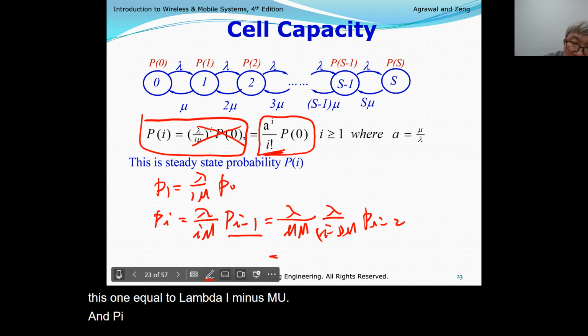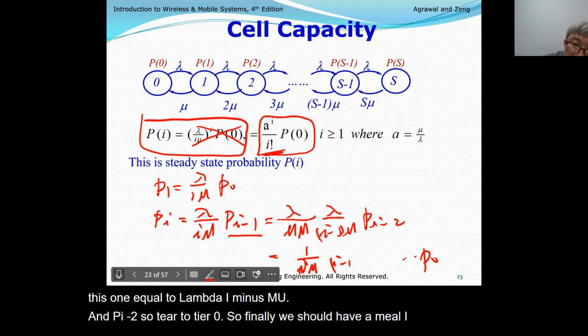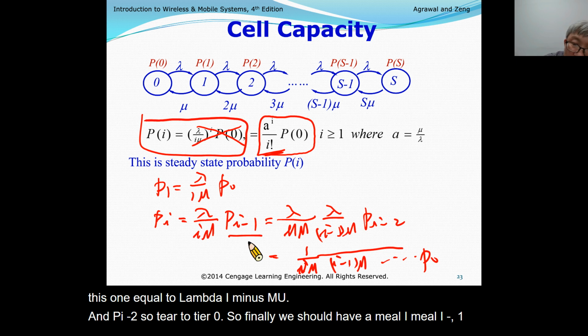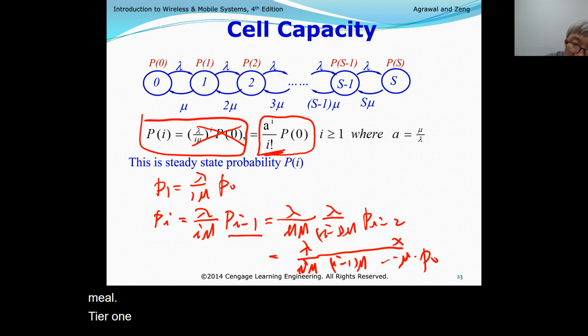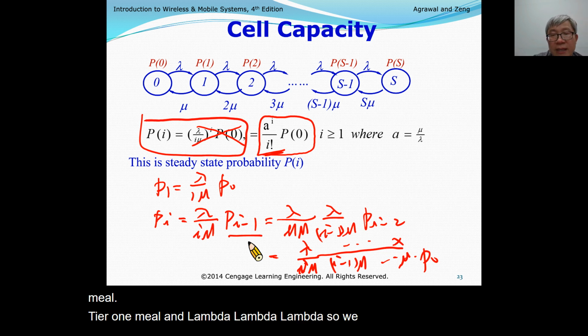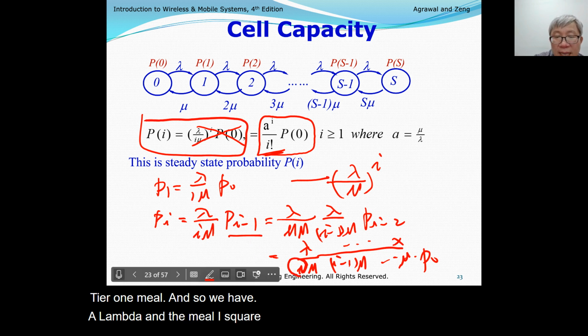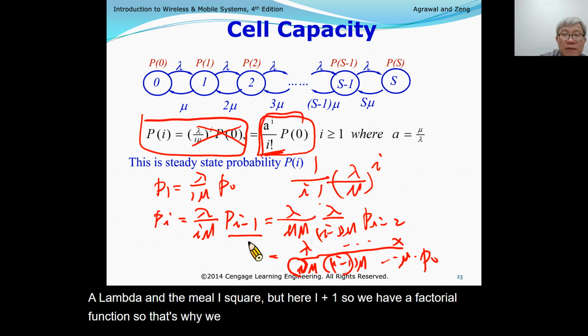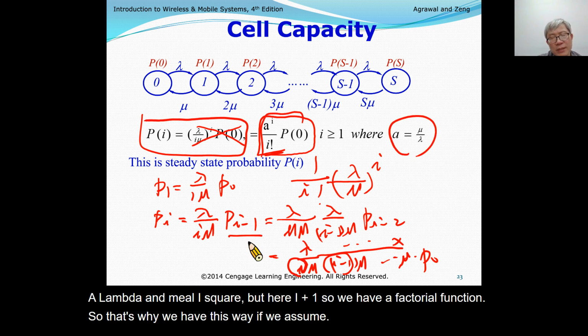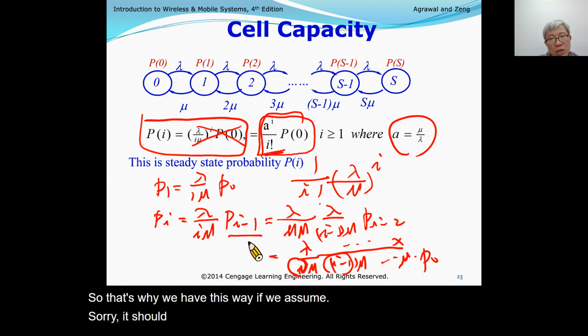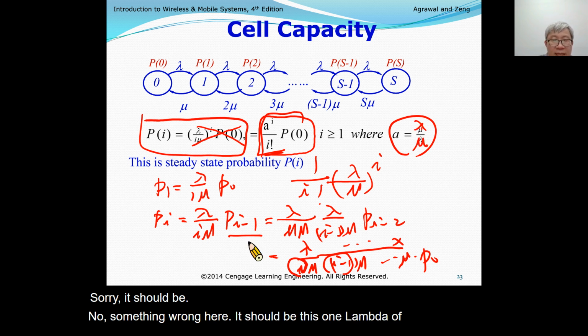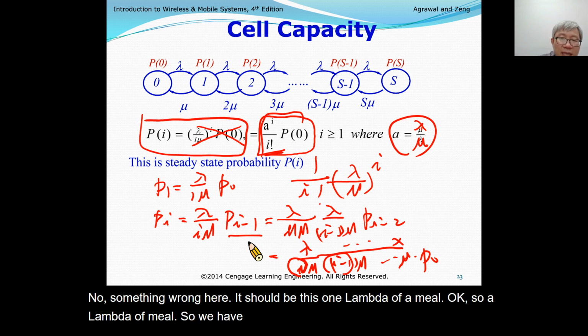So finally we should have lambda over I mu, lambda over I minus 1 mu, down to lambda over 1 mu. So we have lambda over mu to the power I, but here we have I factorial. If we assume, oh sorry, no, something wrong here. It should be this one, lambda over mu. Okay, A is lambda over mu, so we have this. So finally, we have the result.